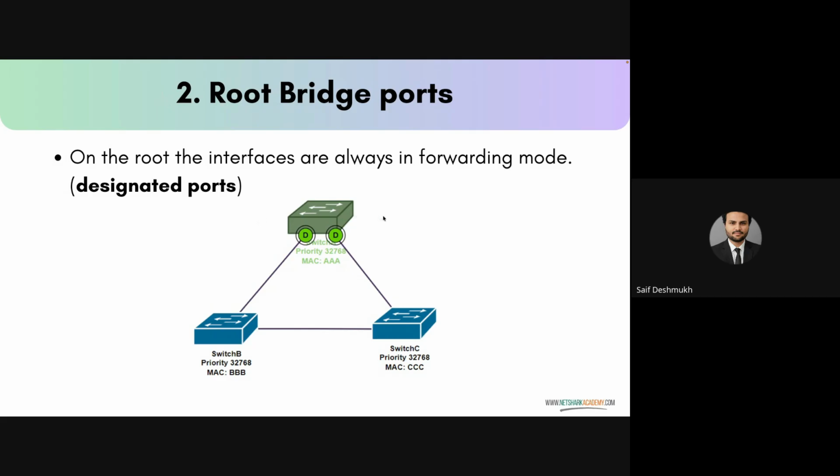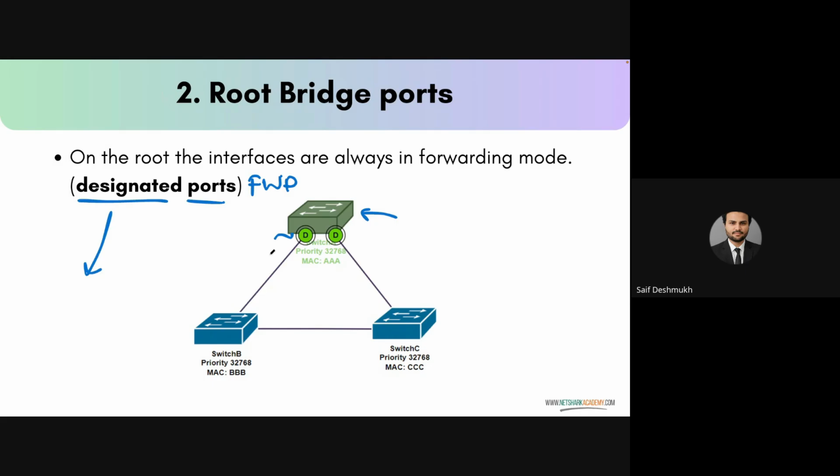The second thing is, right after making sure that the root is elected, all the interfaces of the root are going to be put into something called designated ports. Think of it like a port that is pointing towards the downstream. Hey, I'm the king, I'm sitting at the top, and this specific designated interface is pointing to someone sitting at the bottom of me, because I'm considered at the top.